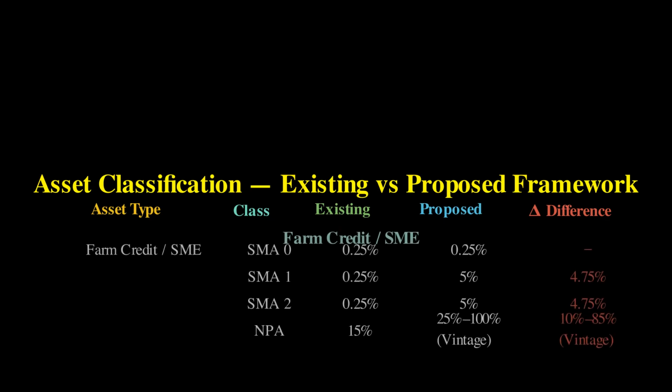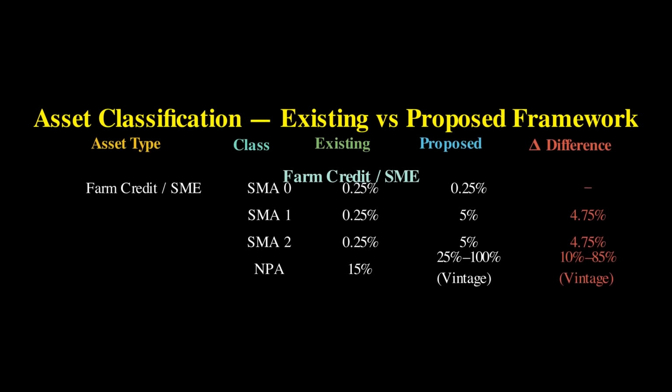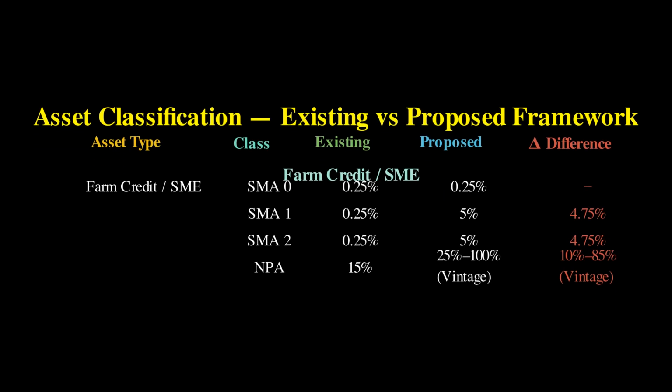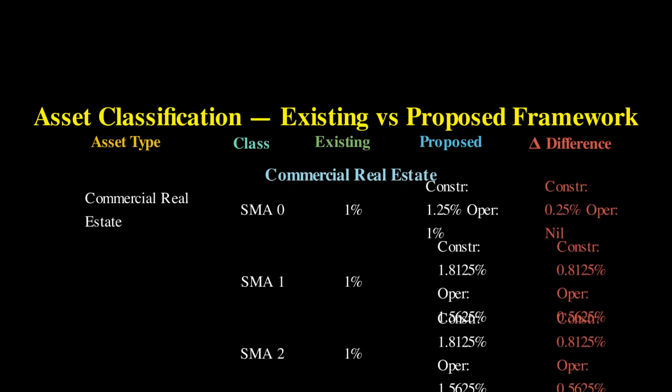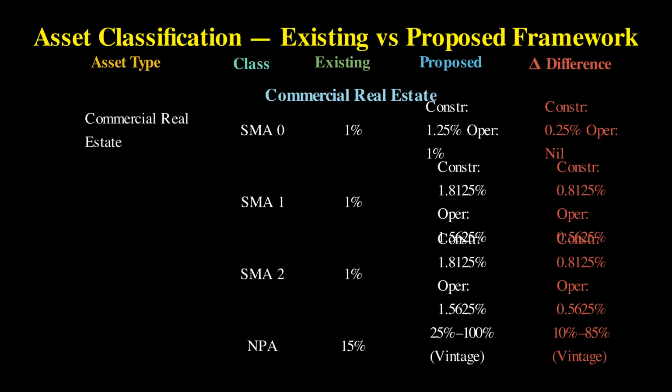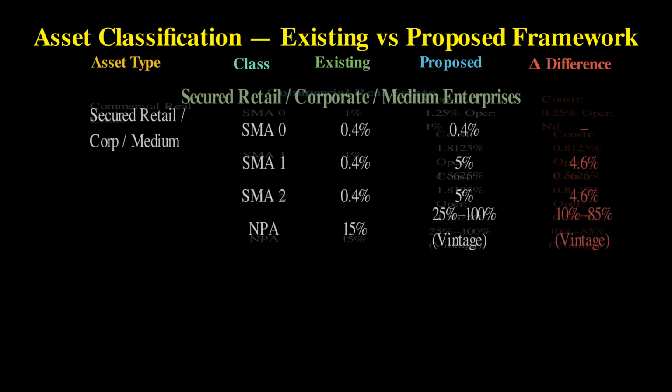You can see the maximum difference under farm credit and SME is coming from SMA 1 and 2. Similarly, for commercial real estate also, the delta is coming from SMA 1 and 2. Again, the same goes for secured retail, corporate, and medium enterprise segments.